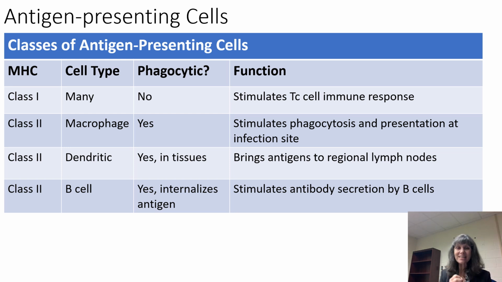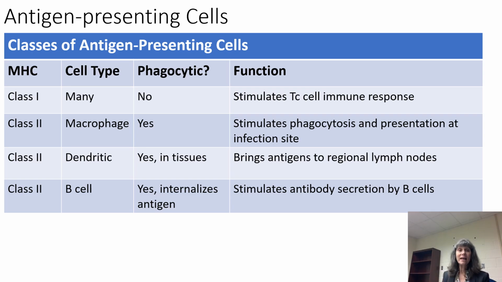So these are not phagocytic cells, but when they have this antigen, that will stimulate them to present the antigen on a class 1 major histocompatibility complex, which can bind with a CD8 receptor on a T lymphocyte, and that would stimulate that T lymphocyte to differentiate into a cytotoxic T cell, which will directly kill the cancer cell or the cell that's infected with a virus. So that stimulates cytotoxic T cell, that's the TC immune response.